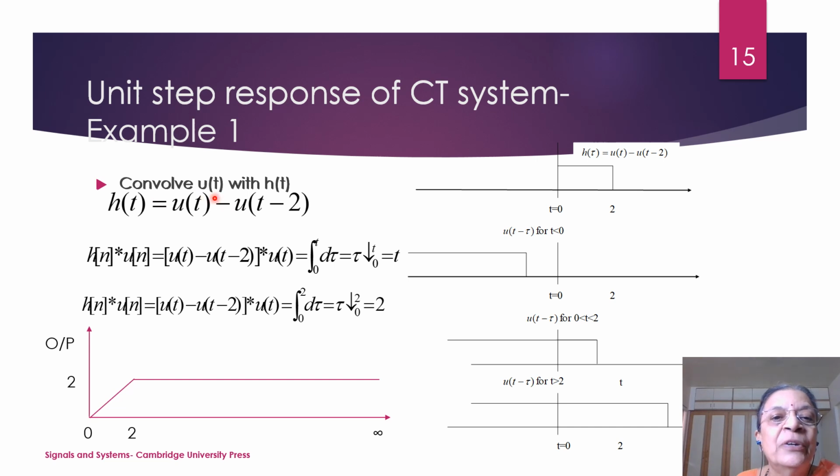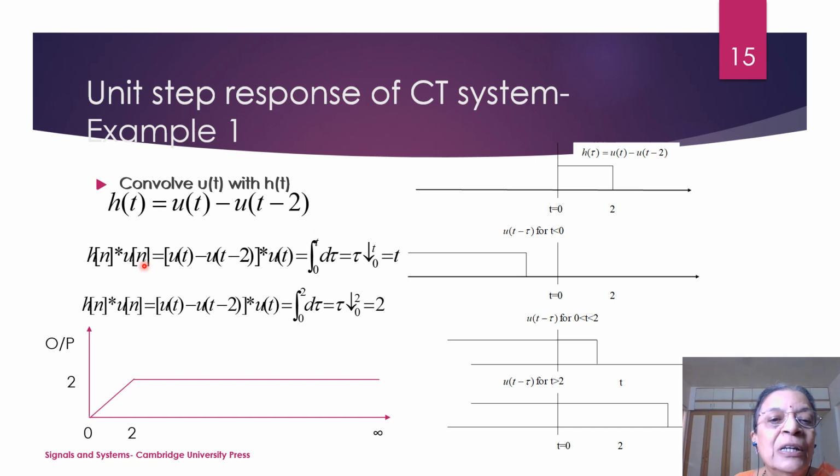Let us convolve the impulse response h(t) given by u(t) minus u(t minus 2) with u(t). What is h(t)? It exists only between 0 and 2.